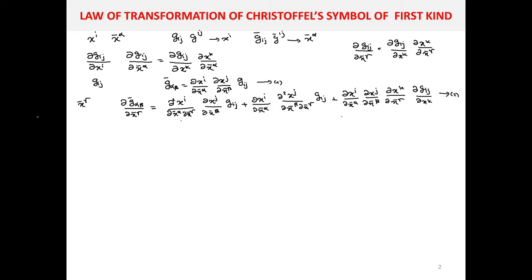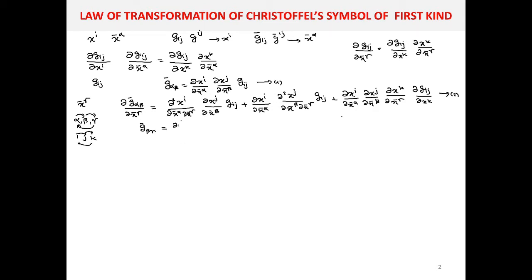Similarly, you can write the transformation equation for g bar beta gamma. When you are taking the coordinates alpha, beta and gamma, you are going to rotate them cyclically, that is alpha will become beta, beta will become gamma and gamma will become alpha. Similarly, I can use three letters i, j, k and rotate them cyclically, that is i will become j, j will become k, and k will become i.